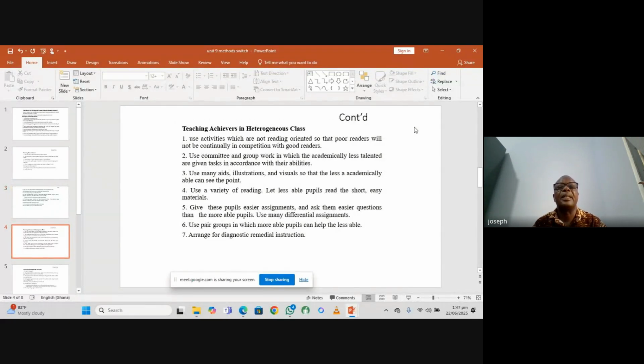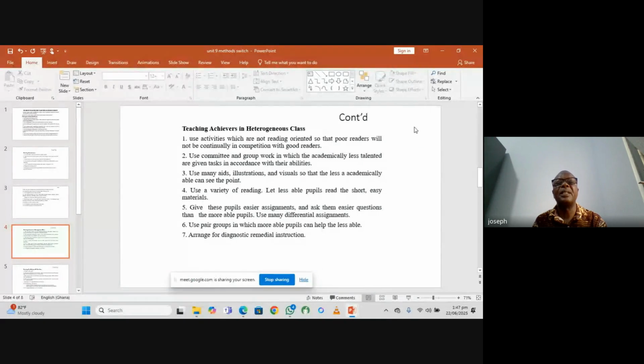Teaching achievers in a heterogeneous class. Use activities which are not reading oriented so that poor readers will not be continually in competition with good readers. So when you are teaching these people in the same class, the good and the talented, make sure that you use activities that are not reading, whereby they will also be able to participate.